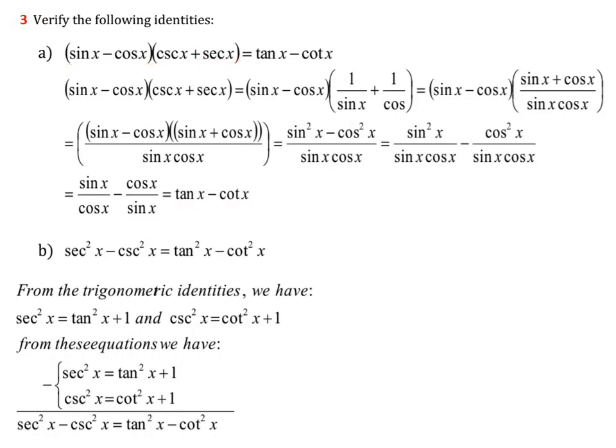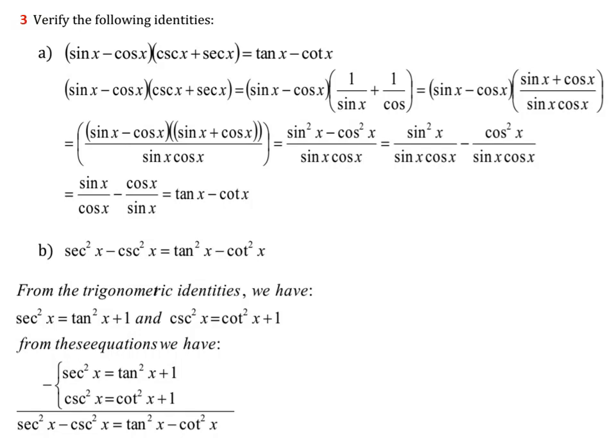B. Sec square x minus cosec square x is equal to tan square x minus cot square x. Now, from the trigonometric identities, we have that sec square x is the same as tan square x plus 1, and cosec square x is equal to cot square x plus 1.